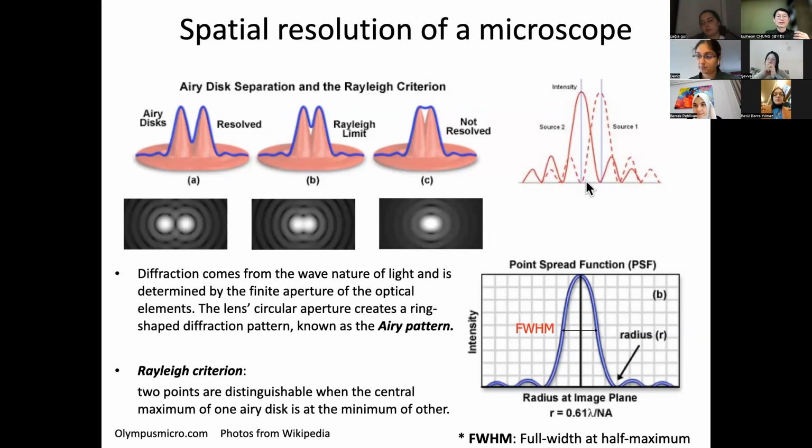So this original definition is hard to use, so you can just define the full width at half maximum: you make the half cut, and this distance is practically what we use when we call it resolution. So when you're communicating with others, this is how you want to use it.